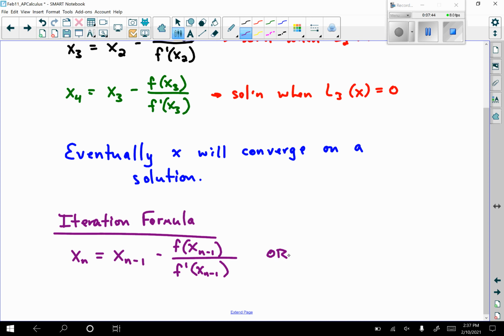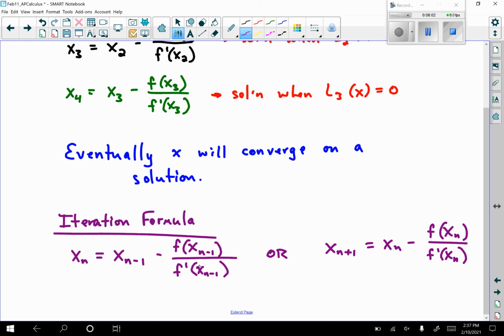Or we could look at this as x sub n plus 1 equals x sub n minus f of x sub n over f prime of x sub n. The second version is a little bit easier to look at with just the n's instead of n minus 1s.